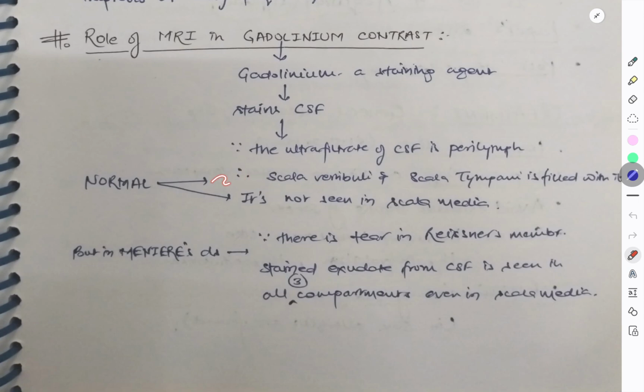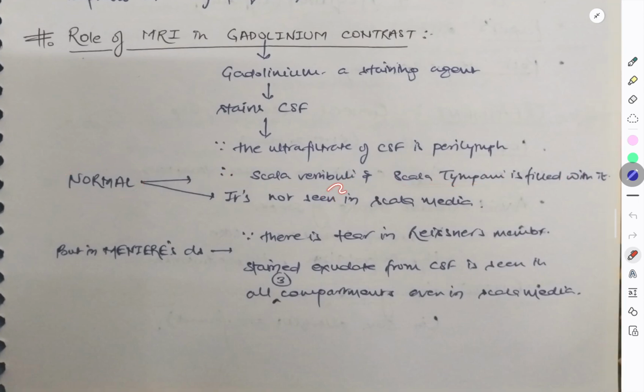Normally scala vestibuli and scala tympani are filled with CSF, but it is not seen in scala media. But in Meniere's disease, if there are micro tears in Reissner's membrane, this perilymph will come out and it can stain. The stained exudate from CSF is seen in all three compartments, even in scala media.